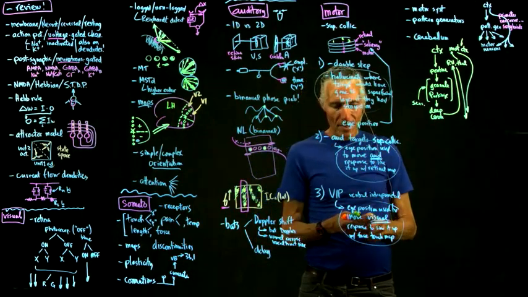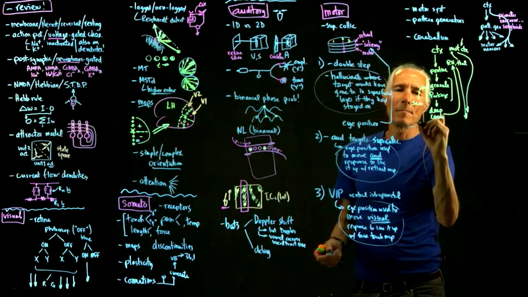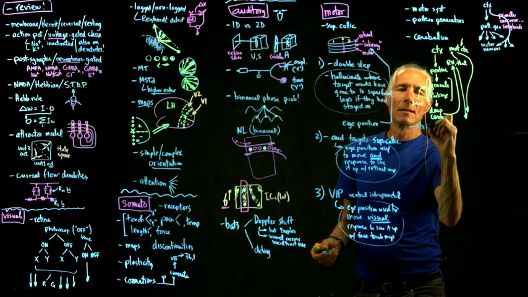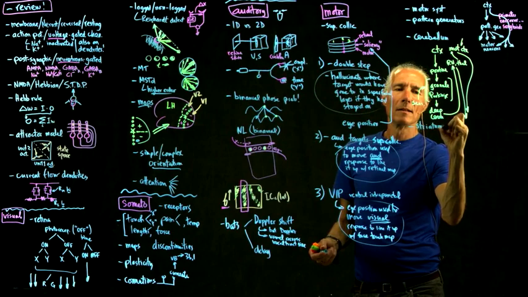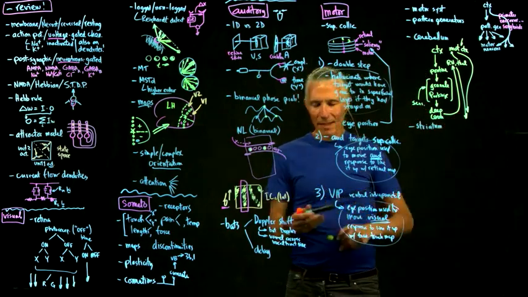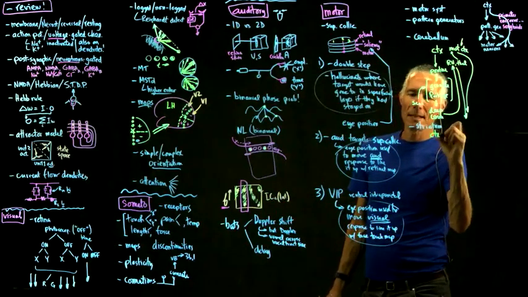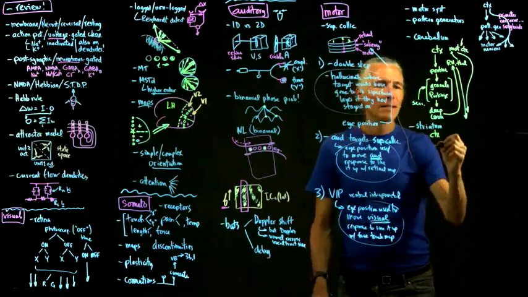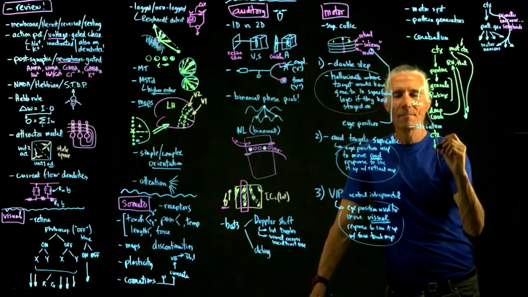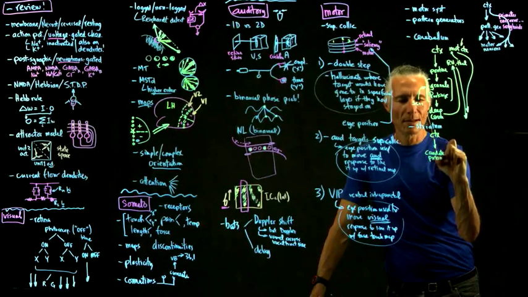And then we also talked about the striatum. You have a similar set of things to remember with the striatum. It's another gating system. So the cortex will go down to the caudate and putamen. Those are kind of similar things.